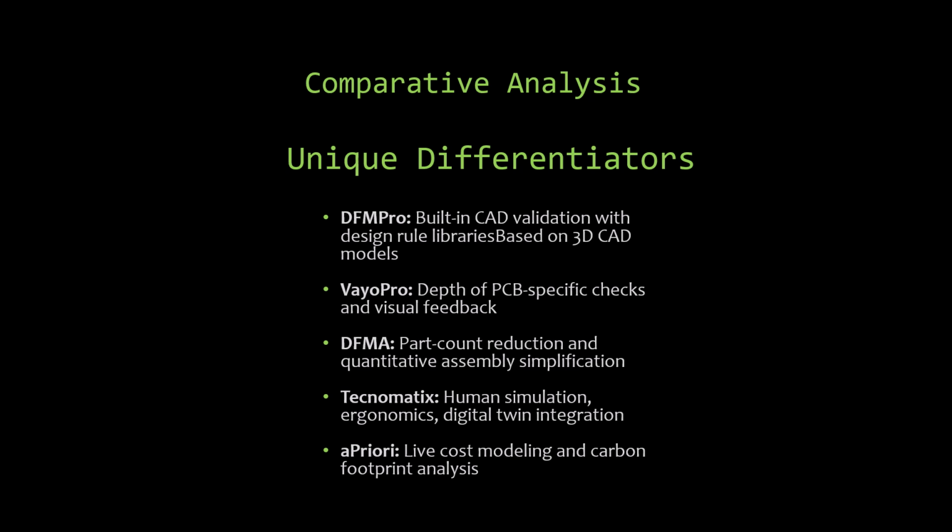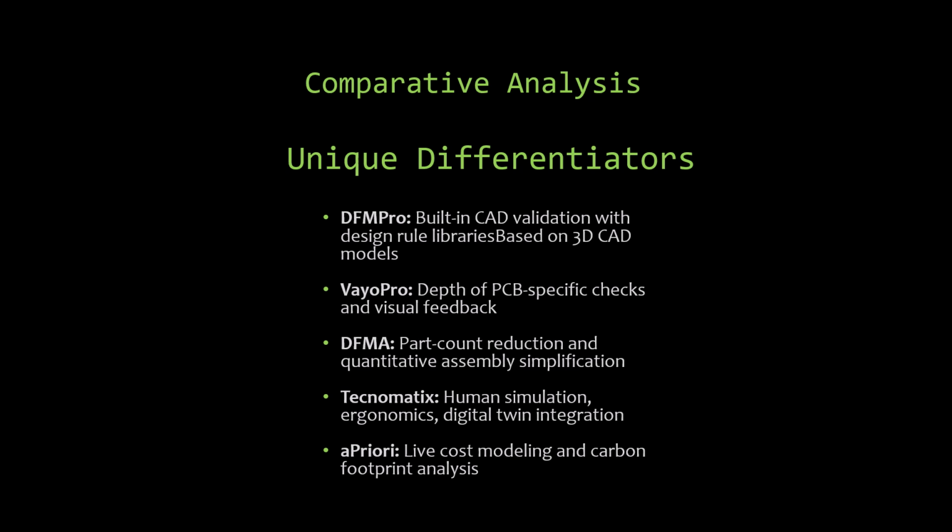A little bit of a summary of a comparative analysis of the unique differentiators between these software platforms. The DFM Pro is built into CAD. It's more of a CAD validation with design rule libraries based on 3D CAD models. Veo Pro provides the depth of PCB-specific checks, and it integrates visual feedback.